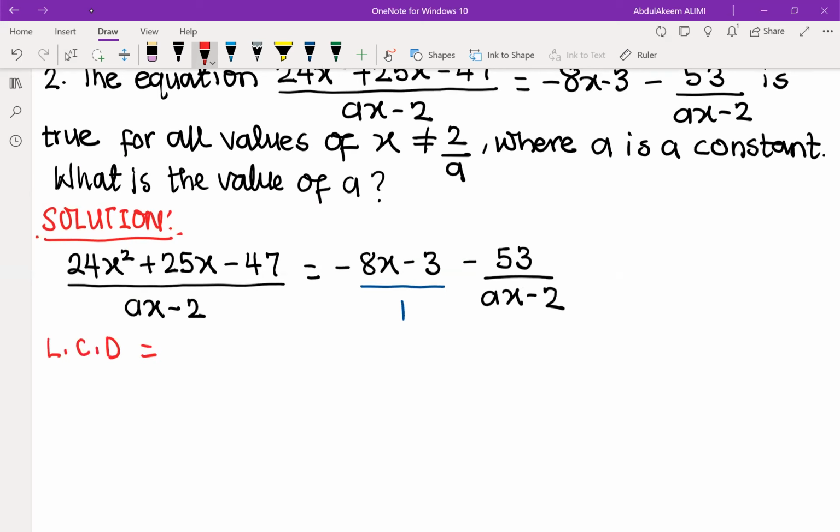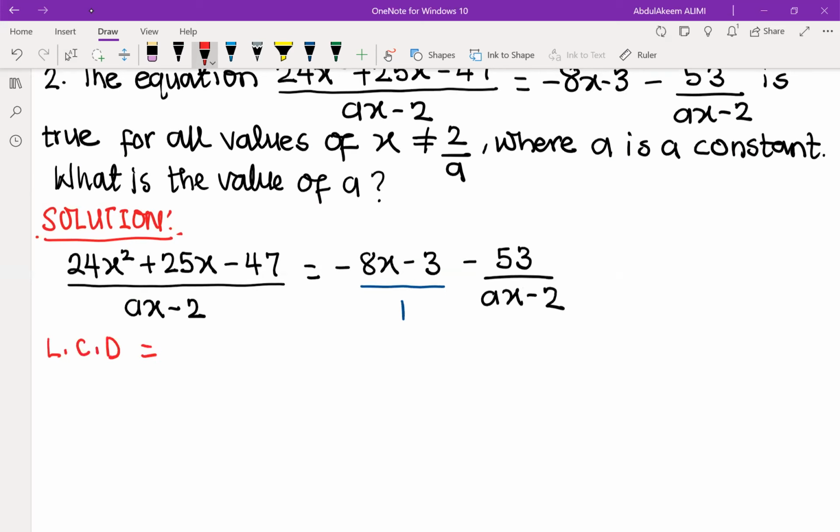So let me solve the right-hand side. When I open my bracket, I will have ax open bracket minus 8x minus 3 close bracket, minus 2 open bracket minus 8x minus 3 close bracket. Plus times minus will give us minus, that's minus 53.